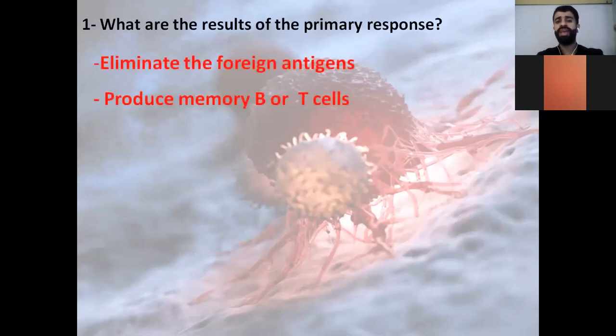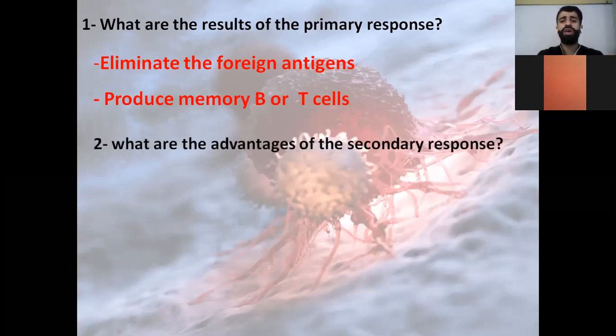We eliminate the foreign antigen, even though after a long period of time, but we get rid of it, and we produce memory B and T cells. What are the benefits of memory B and T cells? They are used in the secondary immune response, where they recognize the antigen immediately and eliminate it in a shorter period of time.